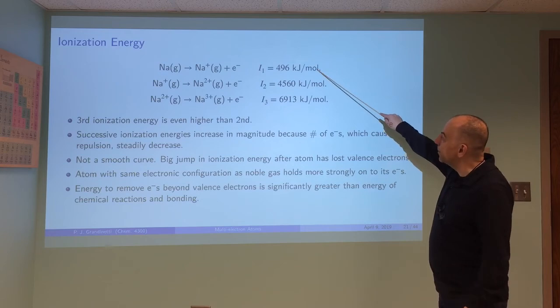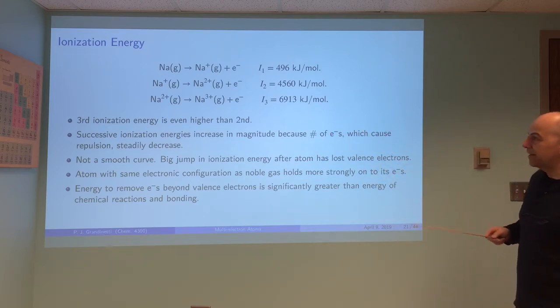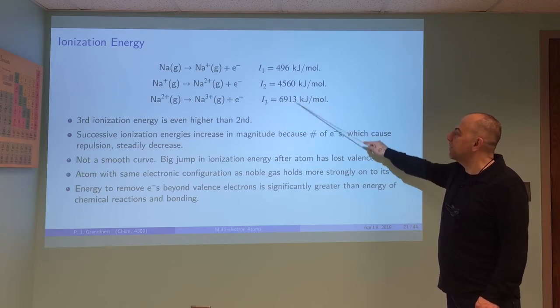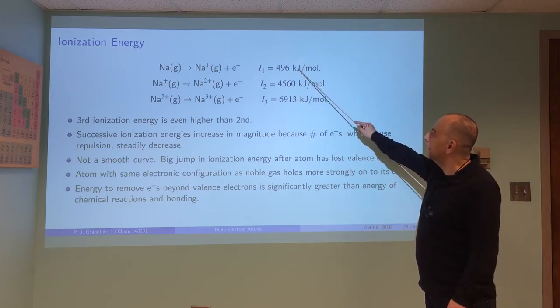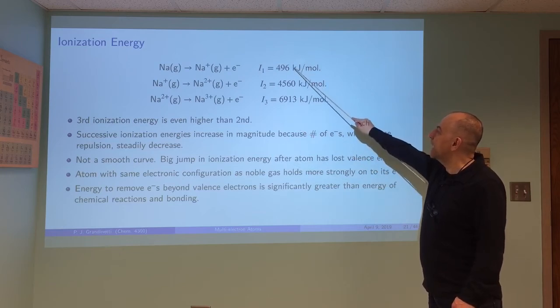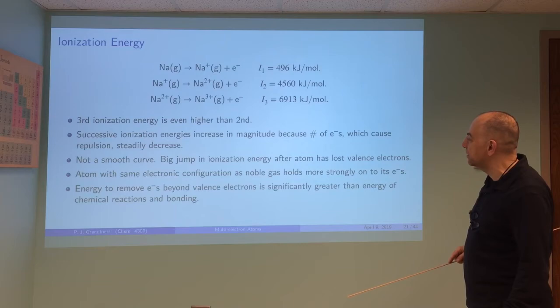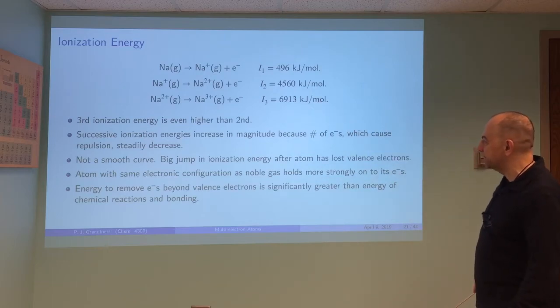Most chemical reactions are on the order of hundreds of kilojoules per mole. They're not on the order of thousands or tens of thousands of kilojoules per mole, because moving these guys around takes so much energy, and it's a lot more easily done to have chemical reactions that move electrons off of valence shells than it is to try to get at any of these core electrons.